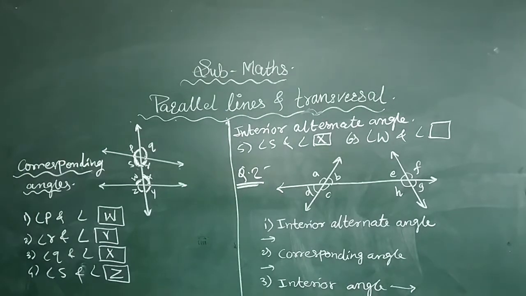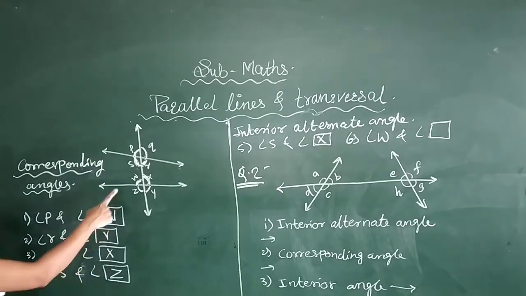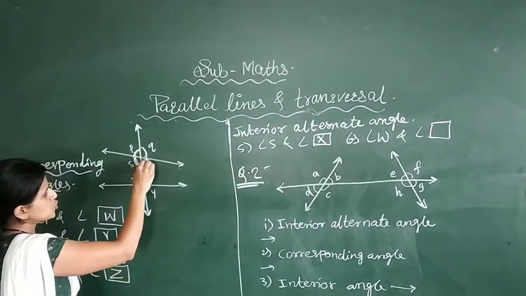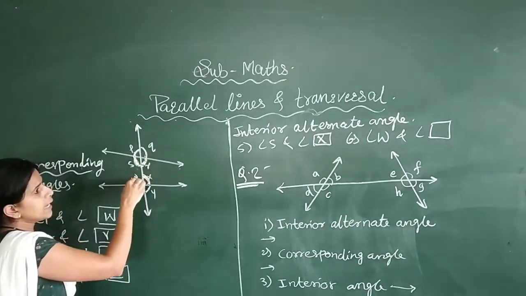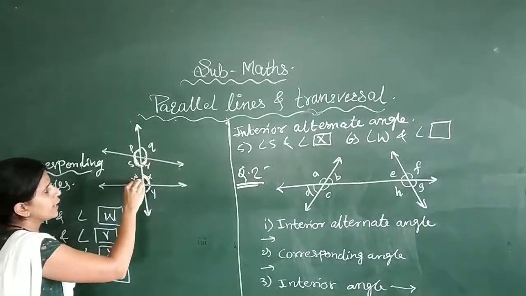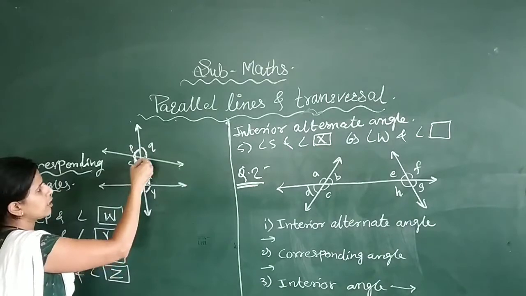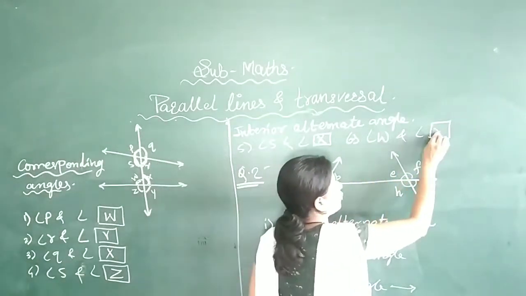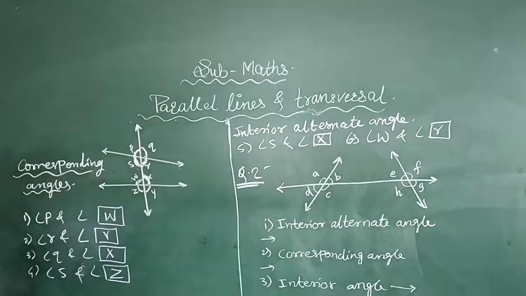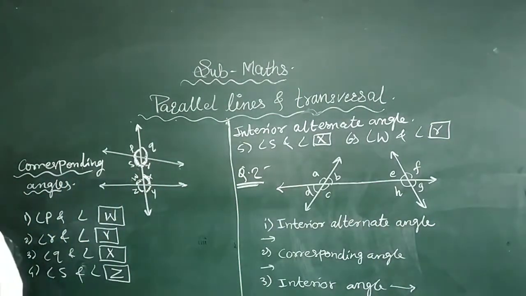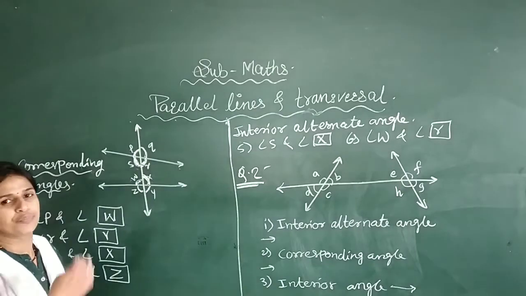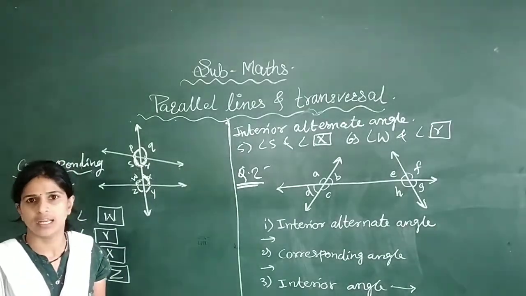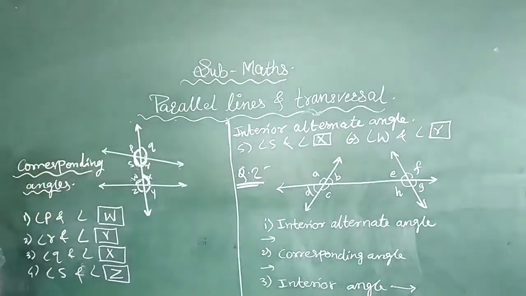So which is the interior for this W? Yes, R. These two are interior alternate angles because they are on opposite sides but inside. So you can write down W, R. When you solve more and more examples of this, only then you understand how to find it. Getting it?